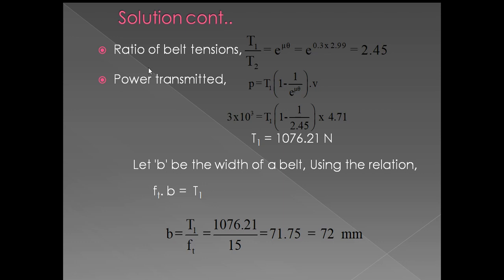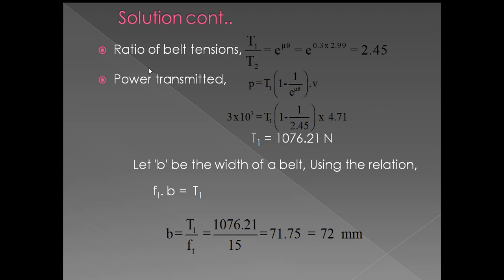Here, let B be the width of the belt. Using the relation, if the design stress is given in Newton per mm width, then Tmax equal to T1 equal to Ft into B, if Ft is given in Newton per mm width of belt.